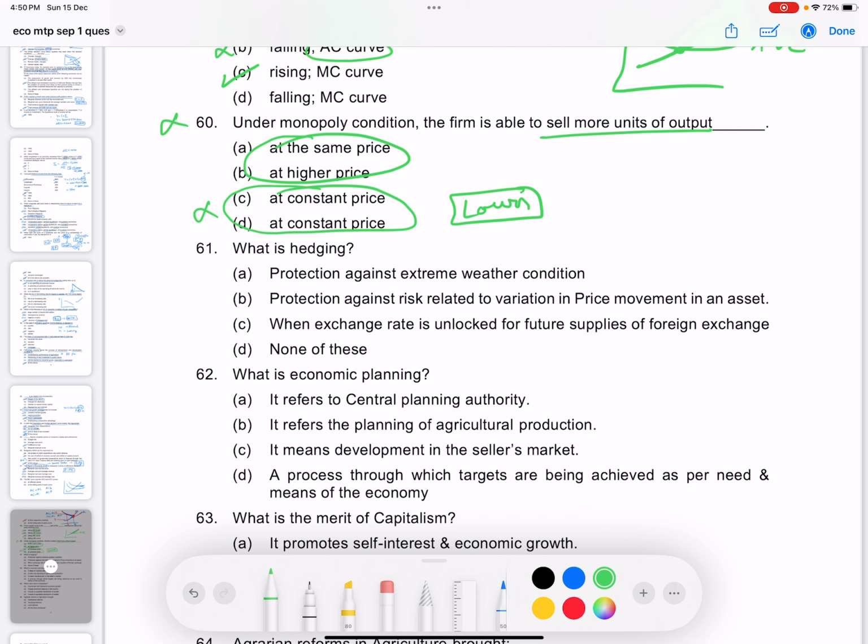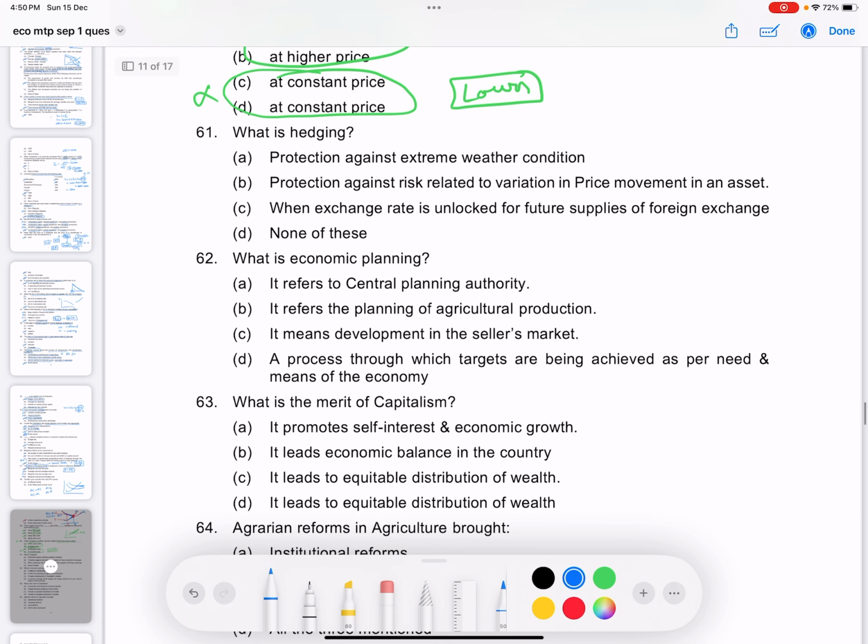Now looking at the next question: what is hedging? What is hedging? Suppose we are placing a bet. If an Australia-India match is going on, I have placed the bet on India. And now suppose Australia was favorite and I placed the bet on India. Now suppose India starts performing well, the return from Australia would also increase. So suppose on India, at the start, for 100 I was getting 800.